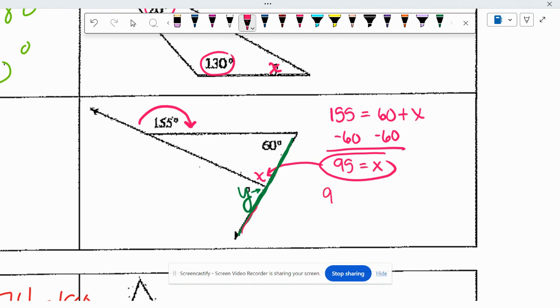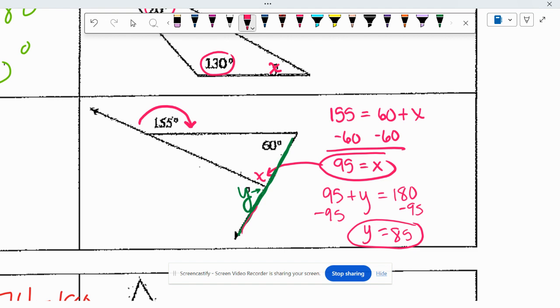So 95 plus y has to equal 180. So when I subtract 95 from both sides, what does y equal? 85. And that's what we were trying to find. So y is 85 degrees. For those of you that get filled out notes, I'll print this as soon as we're done with it, okay?